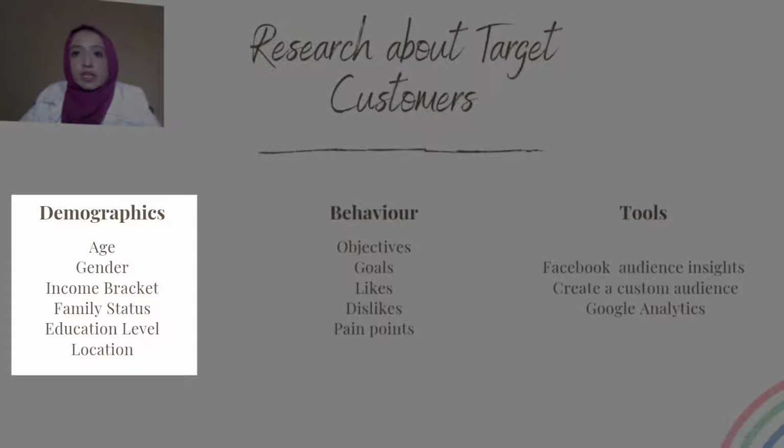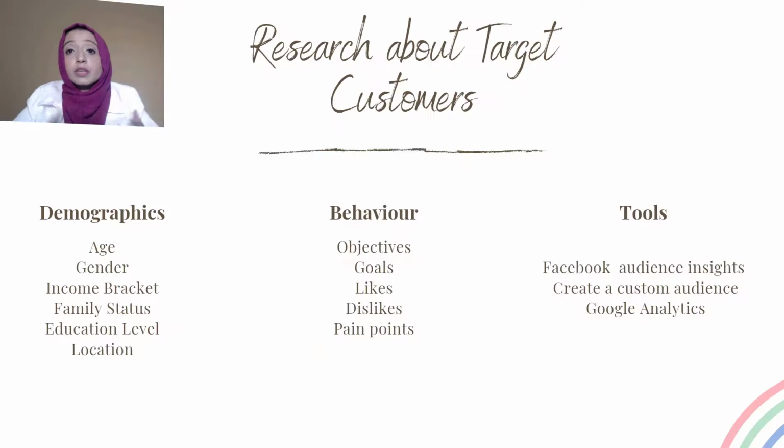Determining their demographics like age, gender, income bracket, family status, education level, and location will help you understand your potential customers. Your persona will shed light on your audience's top concerns and their preferences, which will help you create specific content for them.